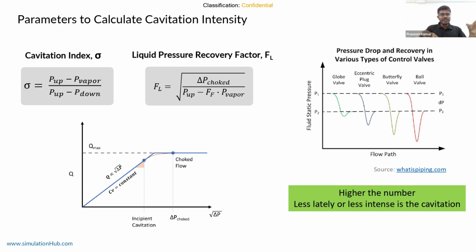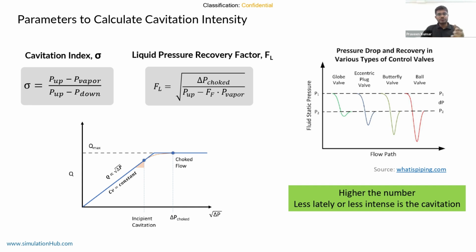The cavitation index is the ratio of the maximum pressure drop within the domain to the overall pressure drop from inlet to outlet. So you have the upstream pressure minus vapor pressure, and upstream pressure minus downstream pressure, the ratio of that.